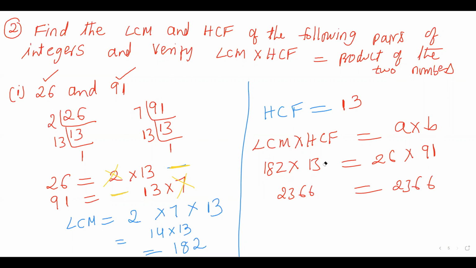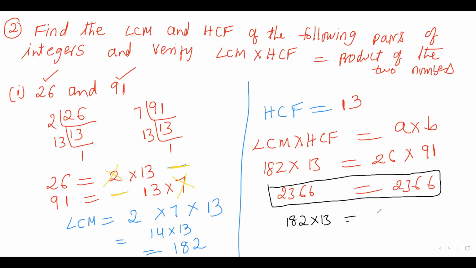If you don't want to multiply, you can even do it in this way. You need to show LHS is equal to RHS. Here I'm having 182 into 13. Here I will split 26. Can I write 26 as 13 into 2? 91 into 2 is 182.